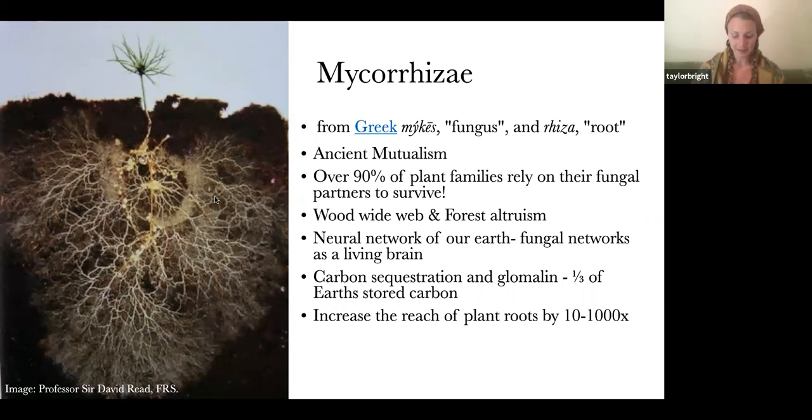This is a very, very ancient relationship. And a lot of evolutionary biologists argue that this mycorrhizal symbiosis is how land plants actually came onto land, over 400 million years ago.